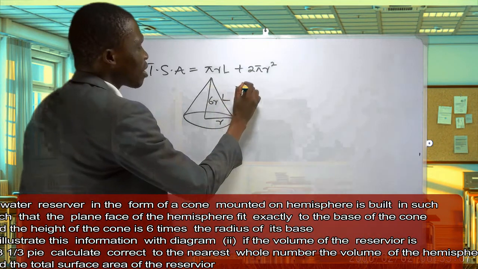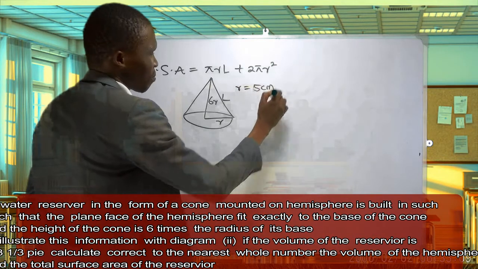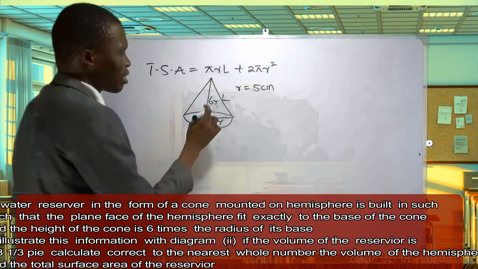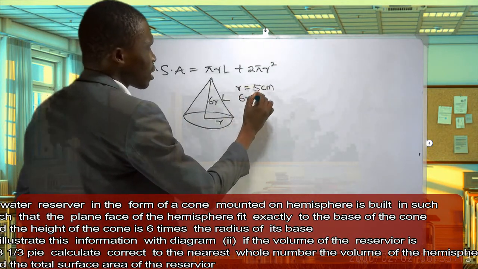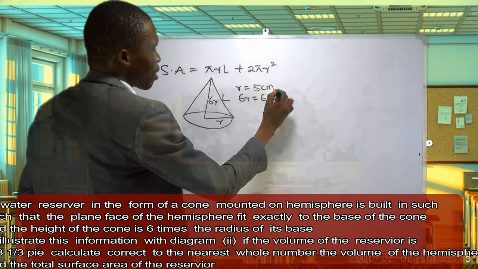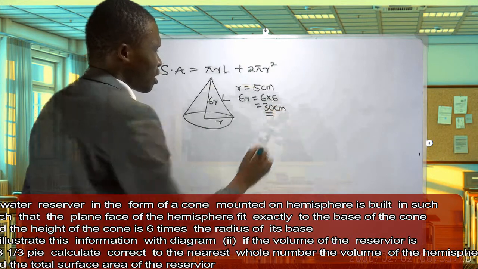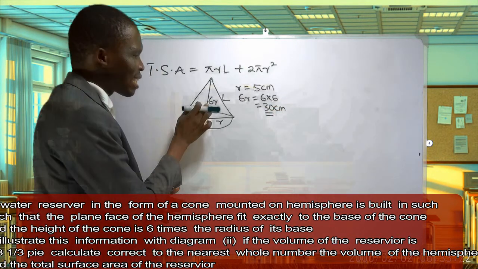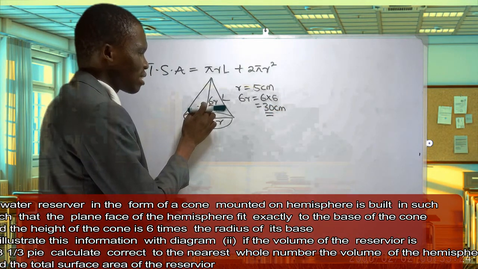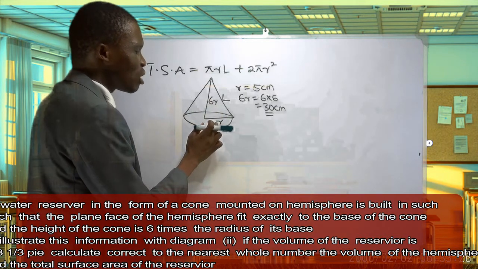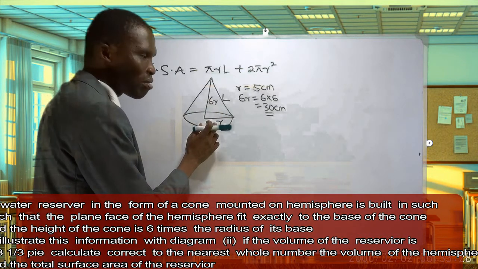Remember, R is 5 centimeter. Then 6R will give us 6 times 5, which will give us 30 centimeter. That means the height will be 30 centimeter, and the radius, which is R, will be 5 centimeter.